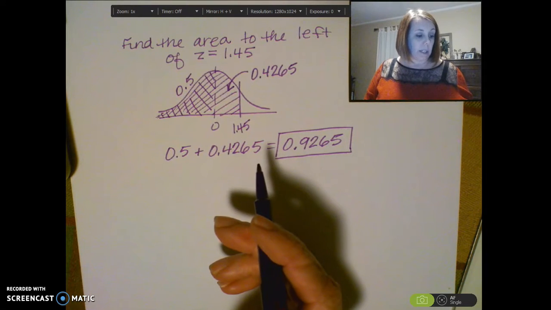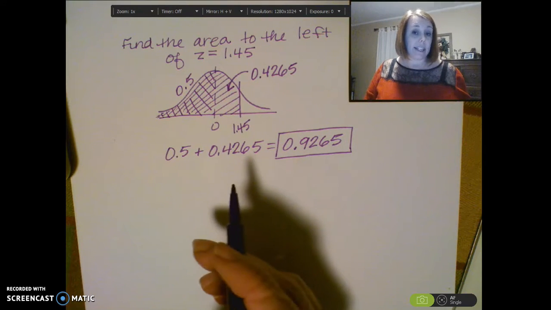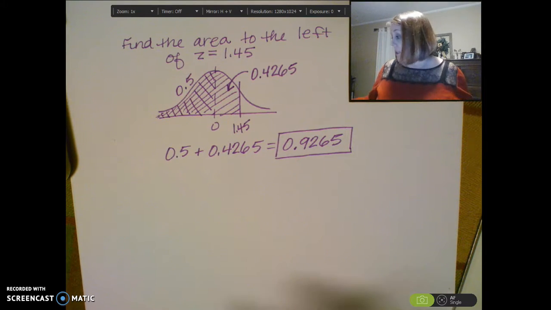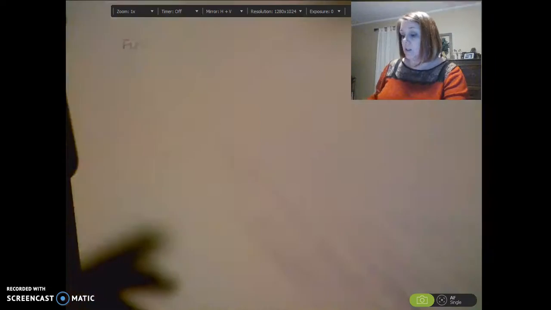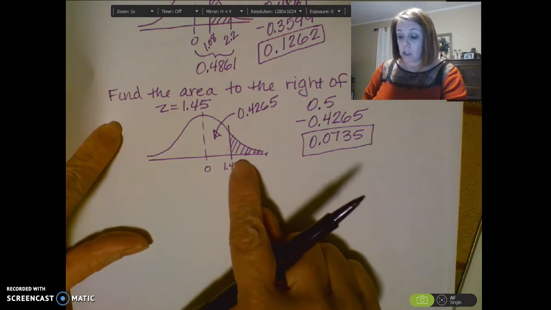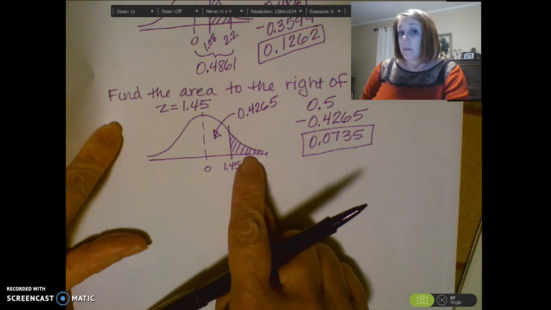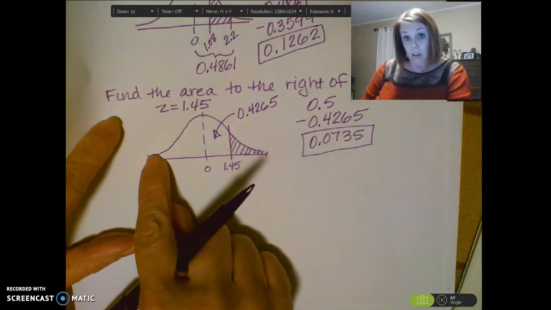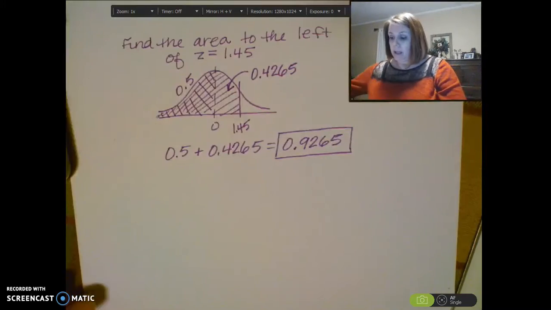Now, the last possibility that we need to look at is finding the area in both tails. We've already talked about how to find the area of a single tail. We did that in the previous problem that we just did. So another example could be finding the area of a tail on the left and a tail on the right, where we have both.